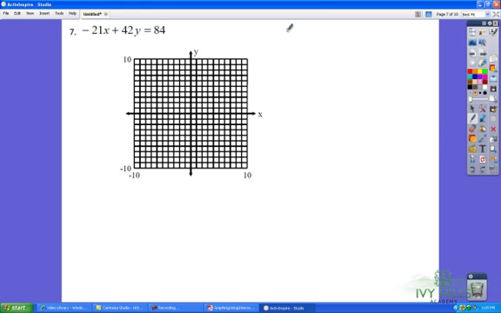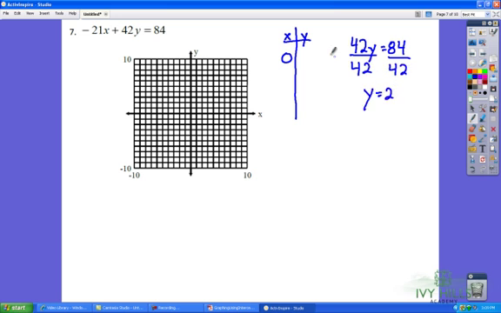Number 7, making an xy chart. If I make x 0, I will be solving the equation 42y equals 84. If I divide both sides by 42, that will give me a y value of 2. And if I make the y value 0, that will give me negative 21x equals 84.